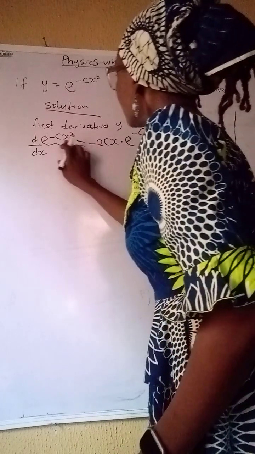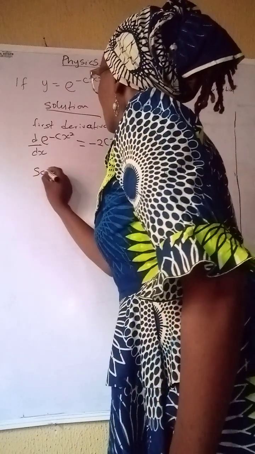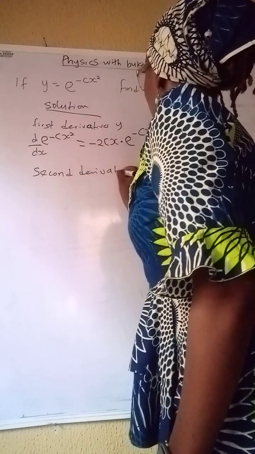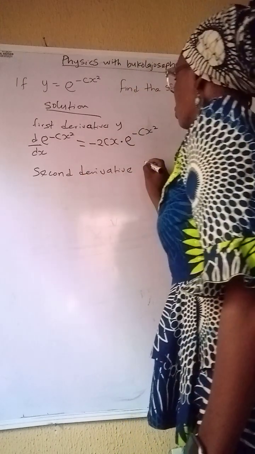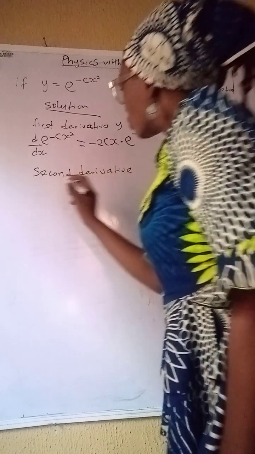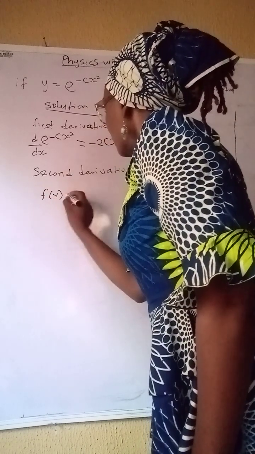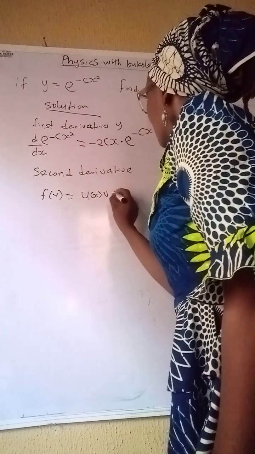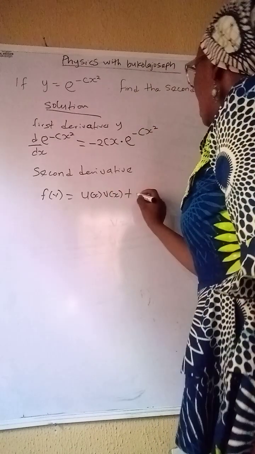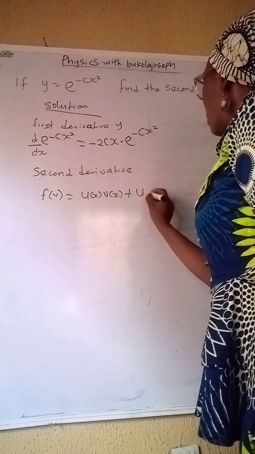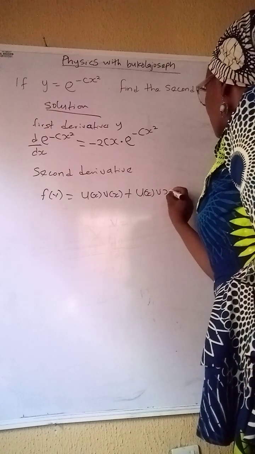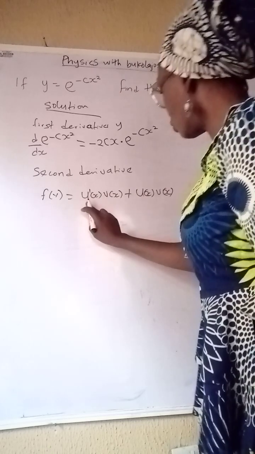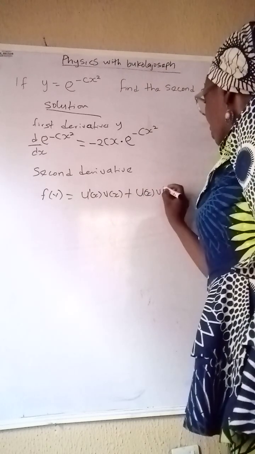So let's find the second derivative. Finding the second derivative, we are going to be using the product rule. Do you still remember it: u'(x)v(x) plus u(x)v'(x).